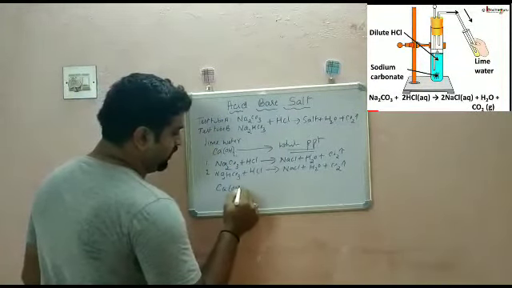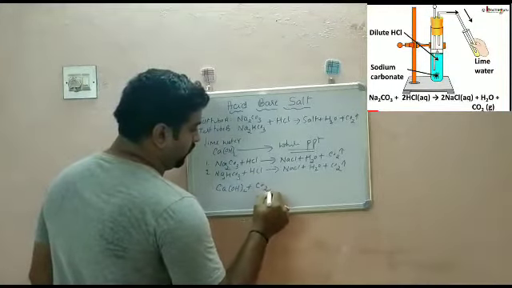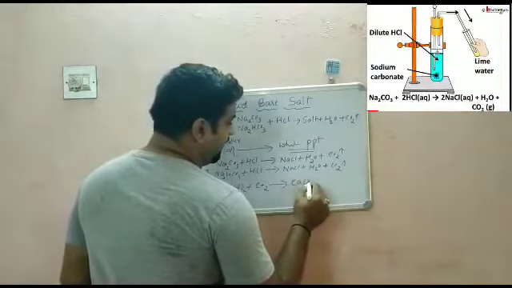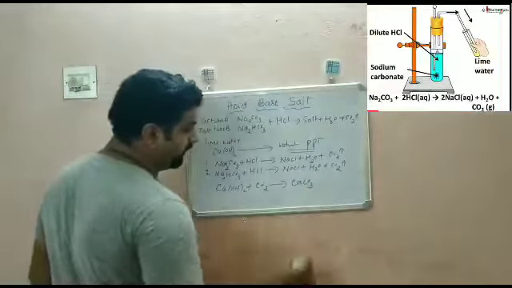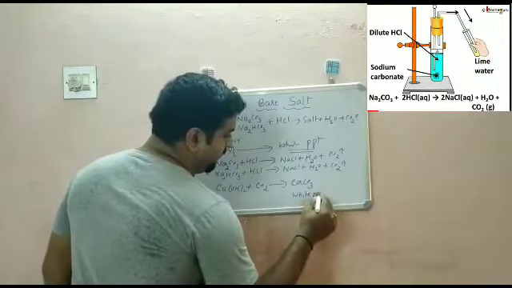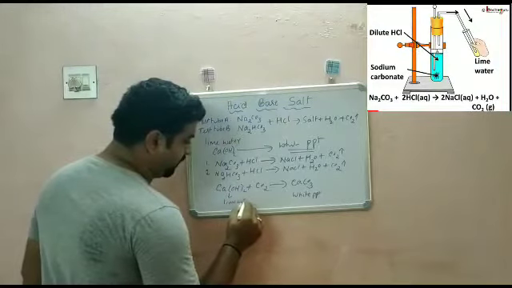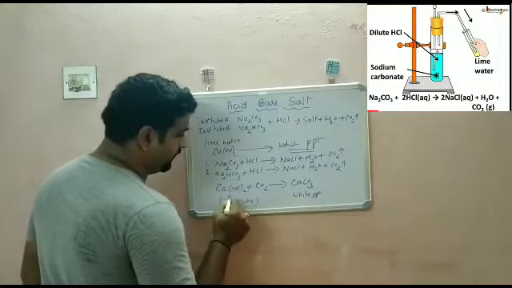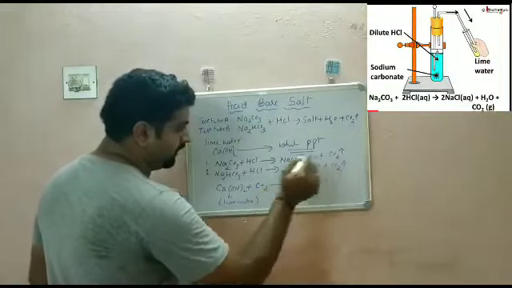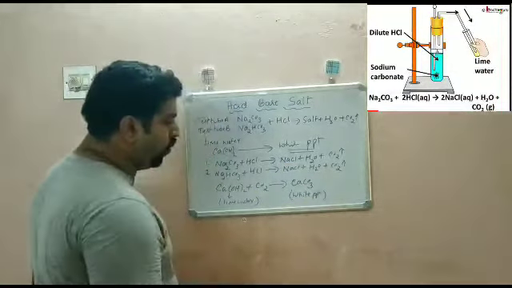So Ca(OH)2 plus CO2 will give me CaCO3, calcium carbonate, which is a white precipitate, and this is nothing but lime water. So this is the carbon dioxide from the above reactions, and we'll get a white precipitate here.